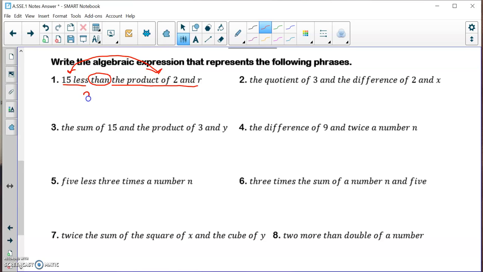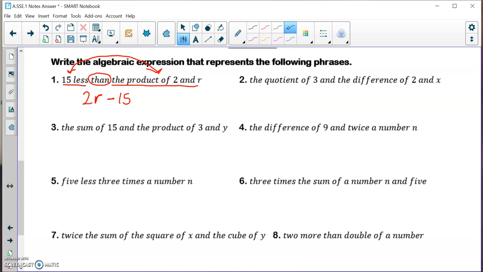So product means 2 times r, which I'm not going to write a multiplication symbol in. This is a coefficient, 2 times r. You can just write it as 2r. That's the same thing as 2 times r. Less means minus, and then I have 15.